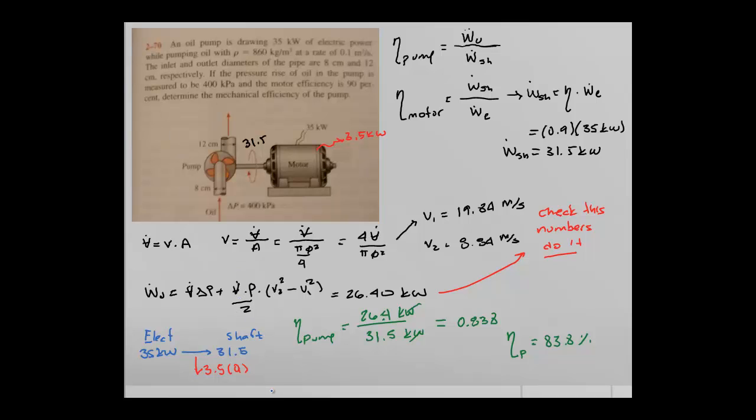Out of this 31.5, we only pass 26.4 to the fluid, and the difference, which is 1.1... sorry, 5.1, is lost in friction.